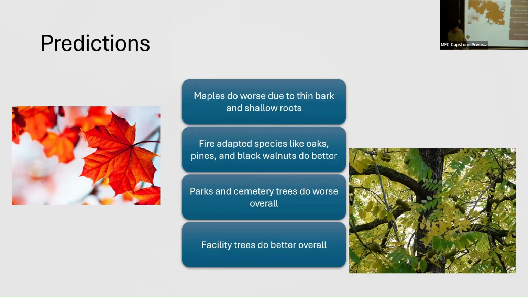And I expect facility trees to do better overall because in a facility, you don't expect people or their dogs to walk on the grass. They go straight from the parking into the facility, so not as much soil compaction from foot traffic or possible negative effects of dog urine either.